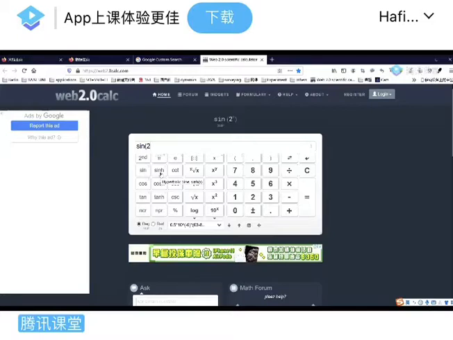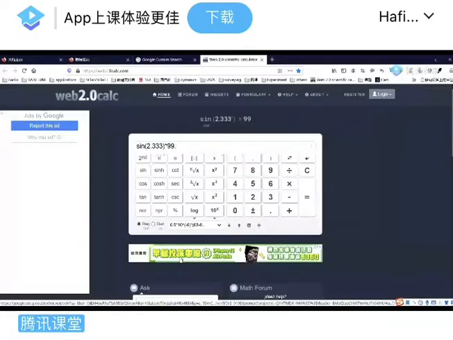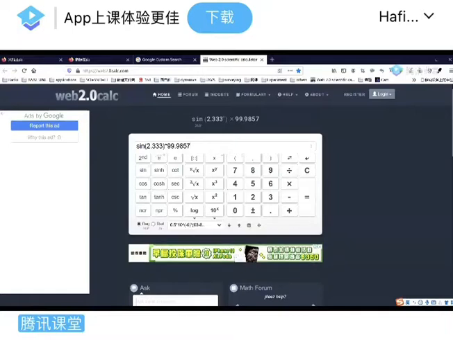So how much is it? Let's say 2.33 degrees. You can convert the seconds to degrees as well. So eventually it is times 99.9857. How much do you get? This one is 2.333 something, to get it much more precise.